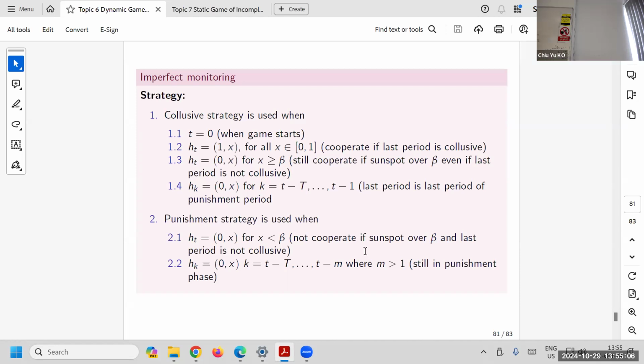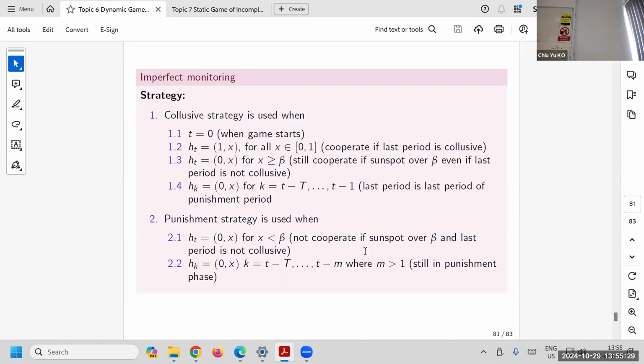I don't know what it is, but we agree on that. Everyone observed that. It's okay, so we continue to collude. This is the current period.